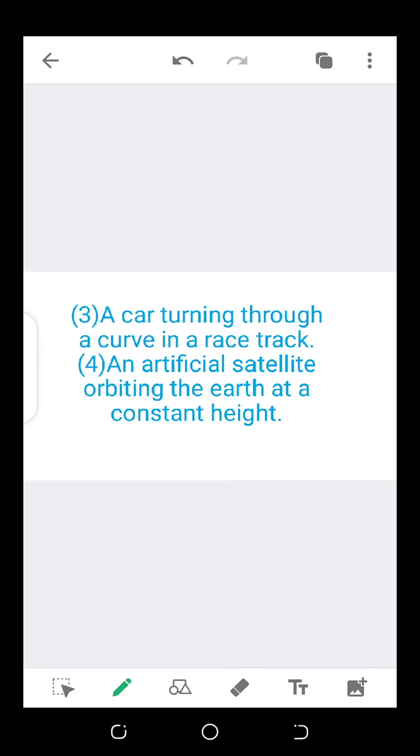In the process, the satellites are made in a way that they move around the Earth at a constant height, because we have to keep the height constant. If the height is different, then they will not be coinciding, and even the pictures will not be specific from the Earth.